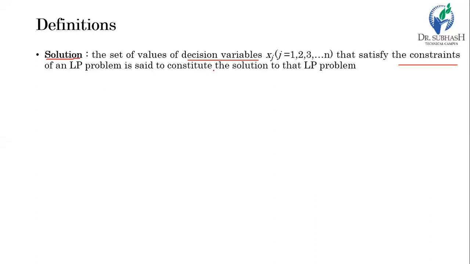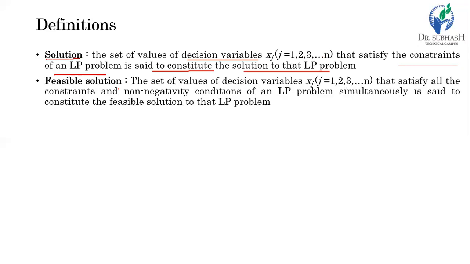So it is nothing but certain values of the decision variables x1, x2, x3 up to xn that must satisfy the constraints formulated during the formulation. It is called a solution.